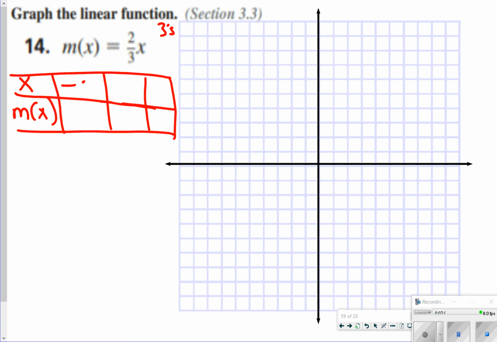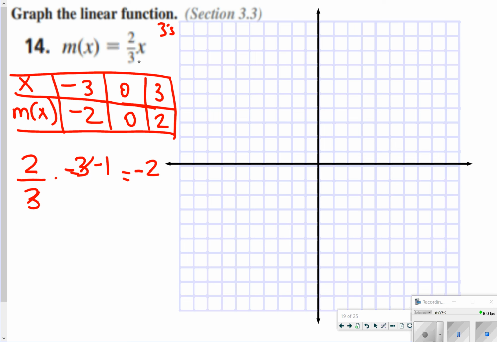So I did -3, 0, and +3, and that helped me find a whole number. So if I plugged in -3, I basically can cancel out these and get -2 as my whole number. 0 is just going to be 0, and then when I plug in a +3, that's going to give me a +2.